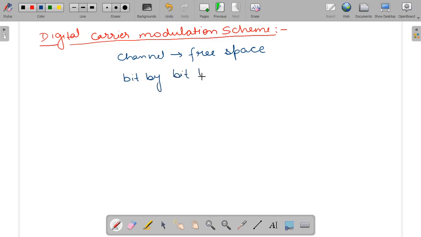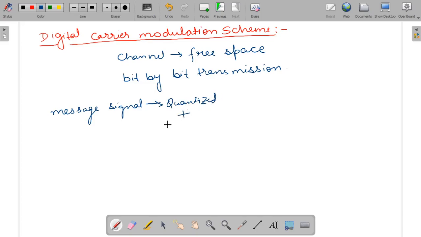First of all, the message signal is there, that is analog in nature, which is quantized and sampled to form the digital signal.